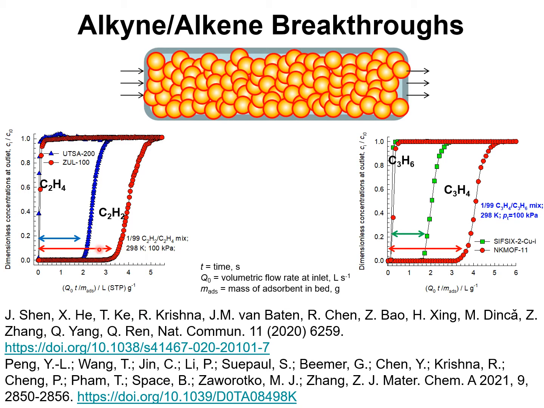During the time intervals indicated by the arrows, the desired ethene with a required purity of less than say 40 ppm can be recovered. From these breakthrough experiments, it is also clear that the productivity of pure ethene is higher with ZUL 100 than with UTSA 200.